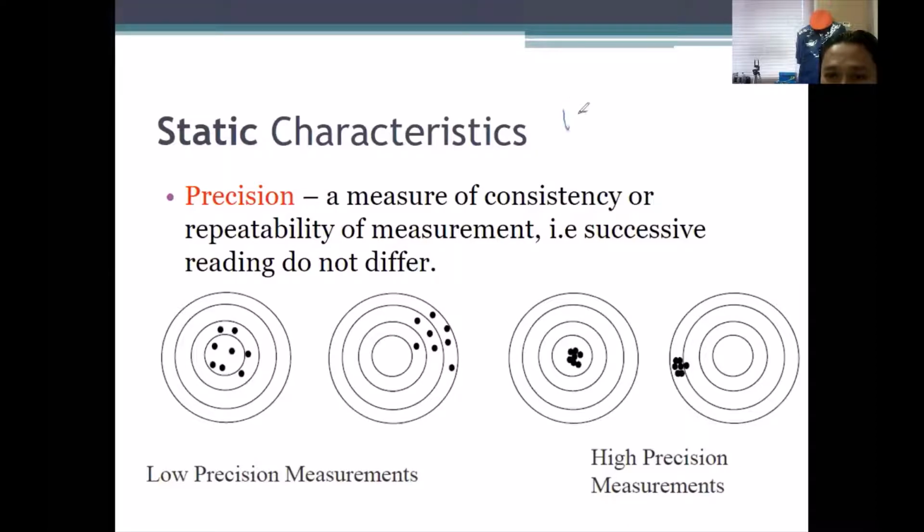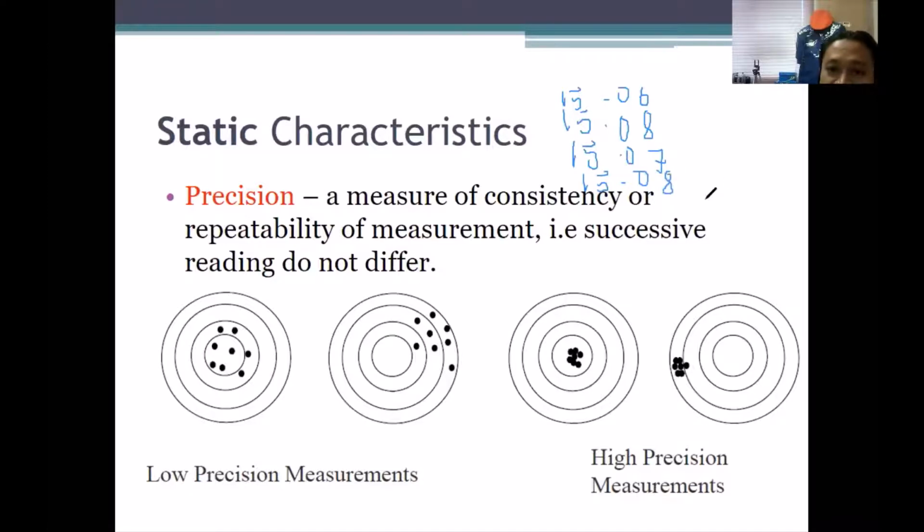This is, for example, the first measurement. The second measurement, we got 15.07. Then the third measurement using the multimeter, we got 15.06. And the fourth measurement, we got 15.08.